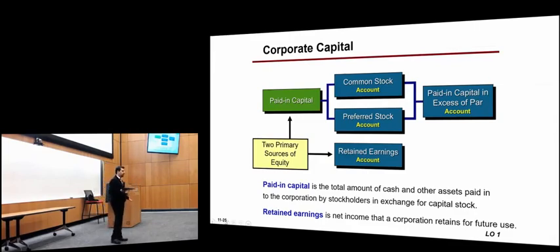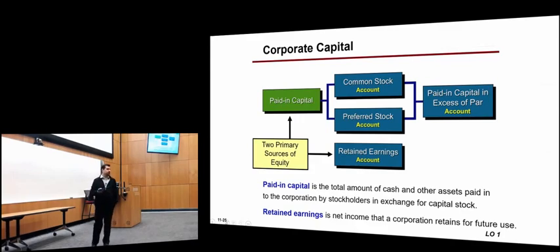The main difference between preferred stock and common stock is that preferred stockholders are preferred when dividend is declared and paid. So they have claim over dividends and over the assets before common stock.